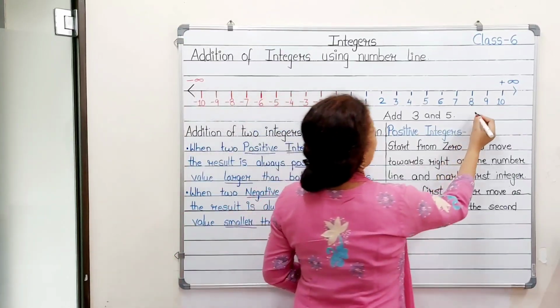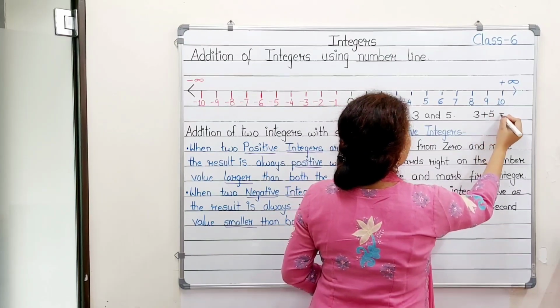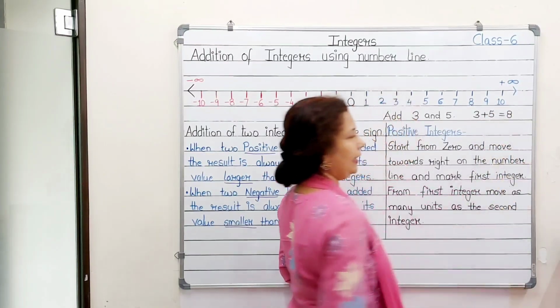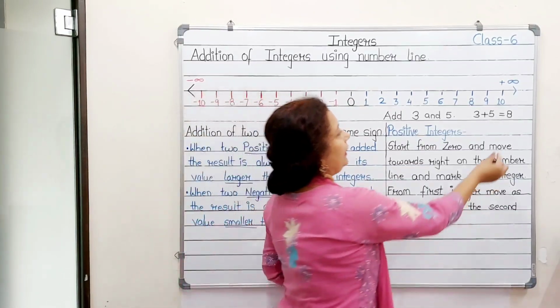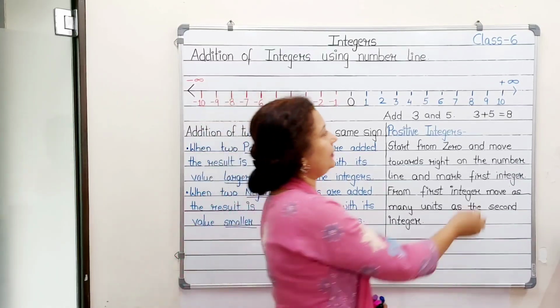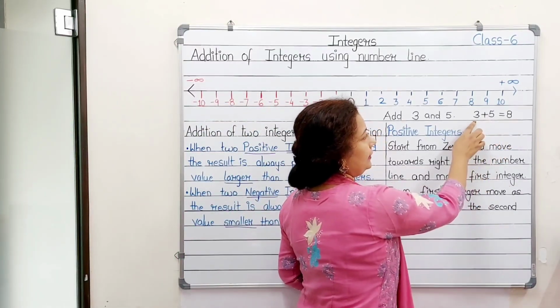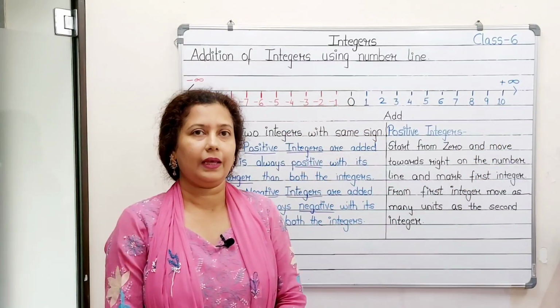So when we add 3 plus 5, we get the result as 8. Here we are getting the result as a positive integer, and this integer is greater than 3 and it is also greater than 5.